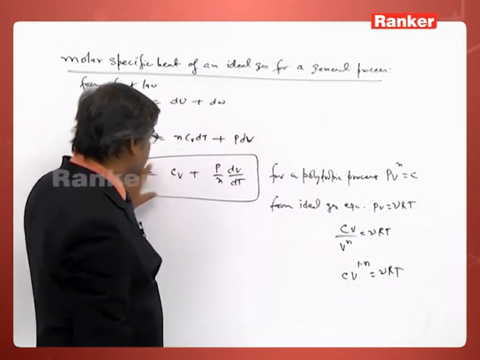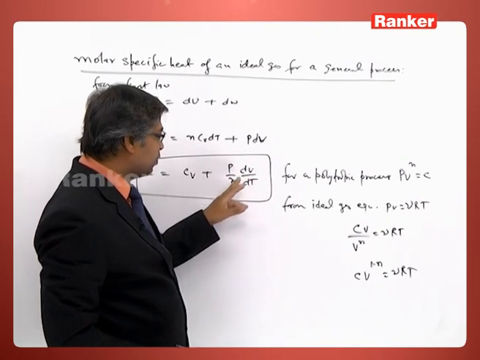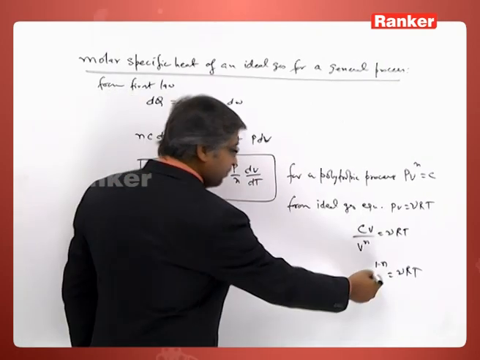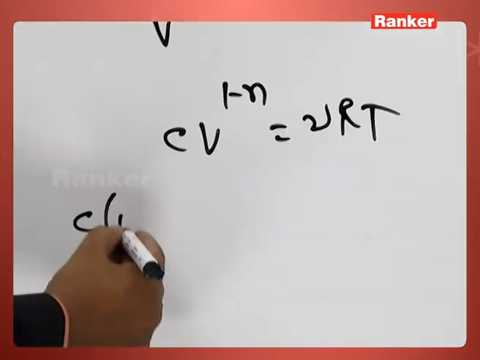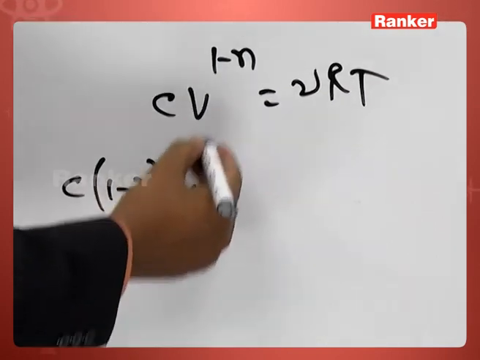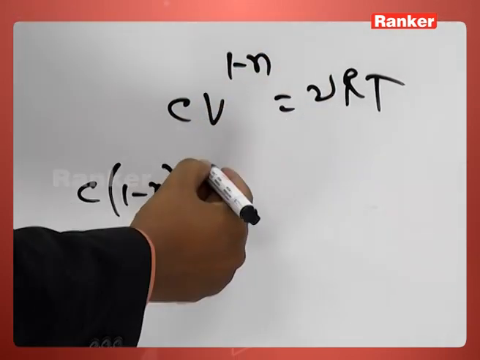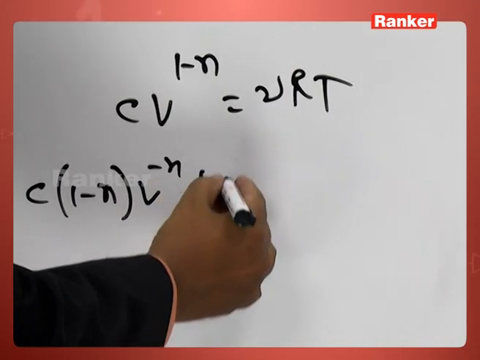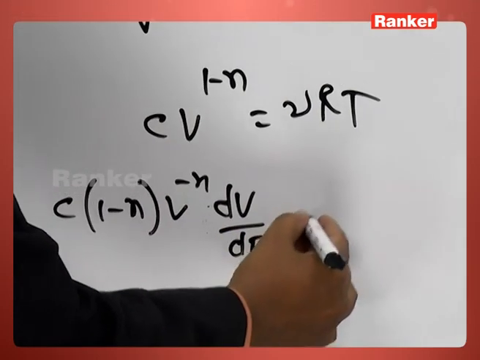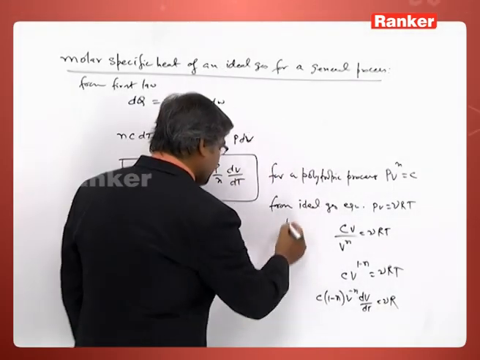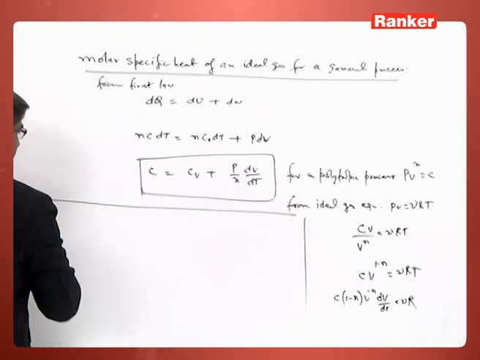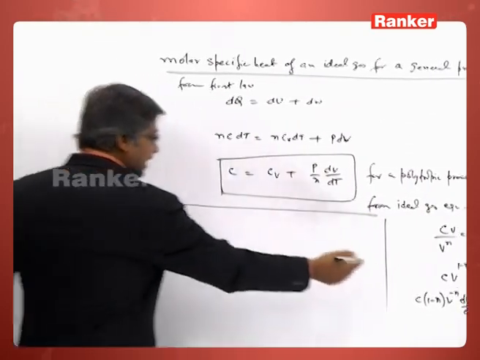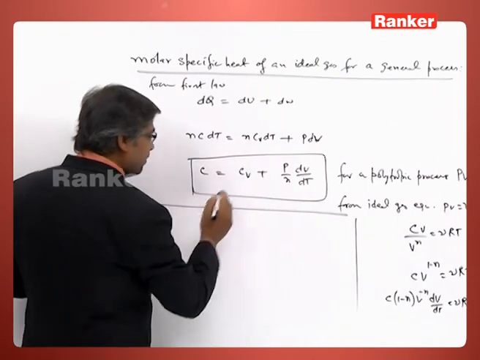In order to use this expression, I must know dV by dT. So we will take the differential: C times 1 minus n into V to the power minus n, dV by dT is equal to nu R. Now we will use this expression and put it here.